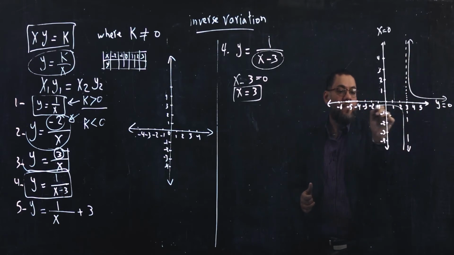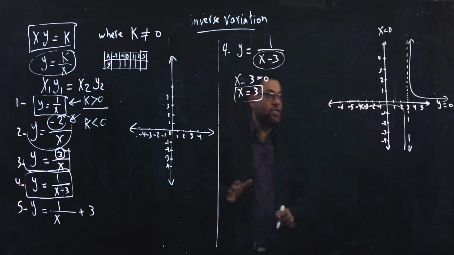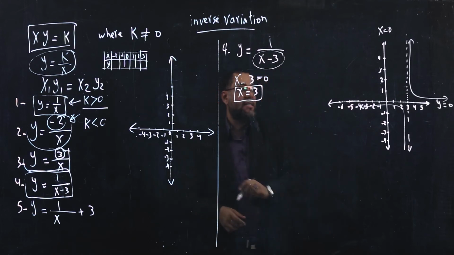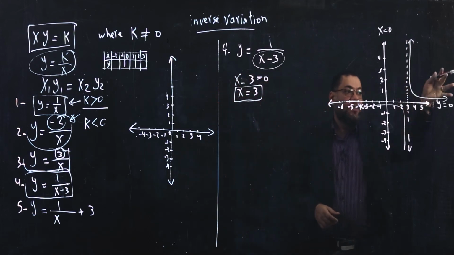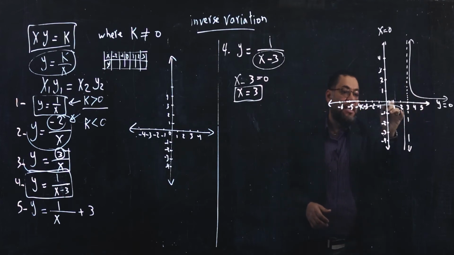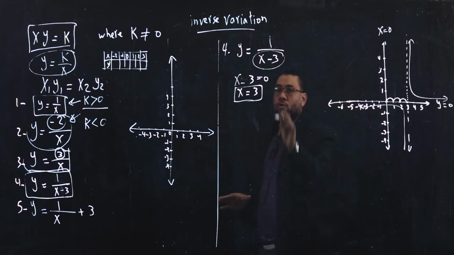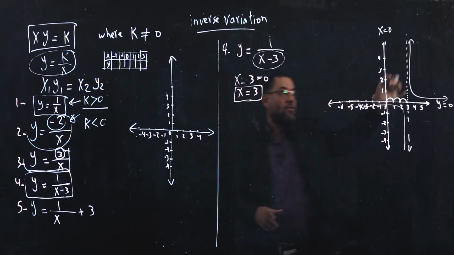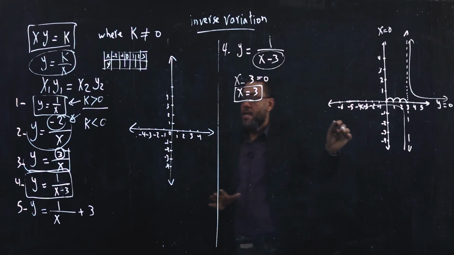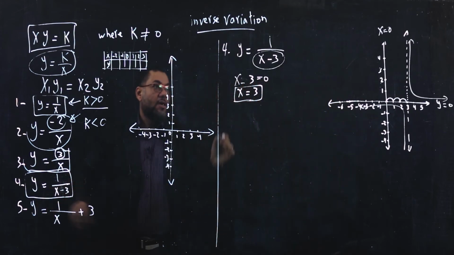The graph of y equals 1 over x minus 3, because the excluded value is x equals 3, will be translated to the right 3 units. 1, 2, 3. So for the excluded value, we draw the vertical asymptote. This line is called the vertical asymptote. Okay, let's go to question 5.